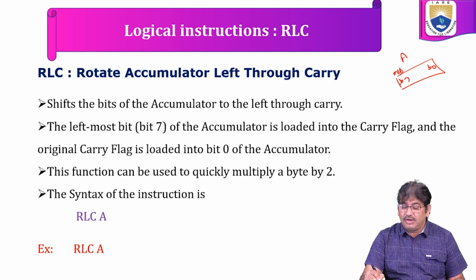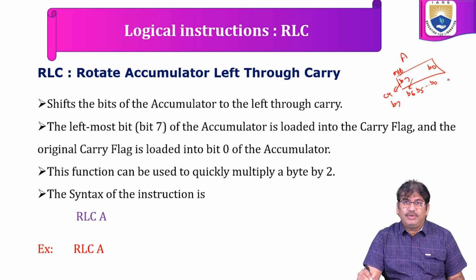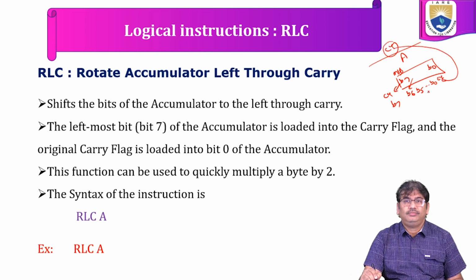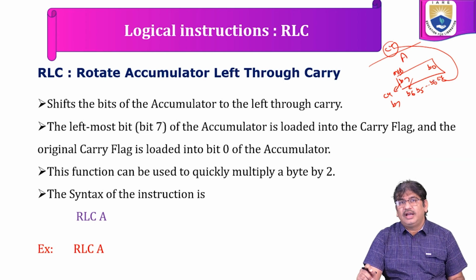The MSB bit will be copied into the carry flag, and B6 will be placed into the MSB position, followed by B5, like this through B0, and the LSB will be loaded with the previous carry flag. Before executing this instruction, whatever the carry flag is, that will be loaded here. For each and every rotate operation, it will perform only one time.